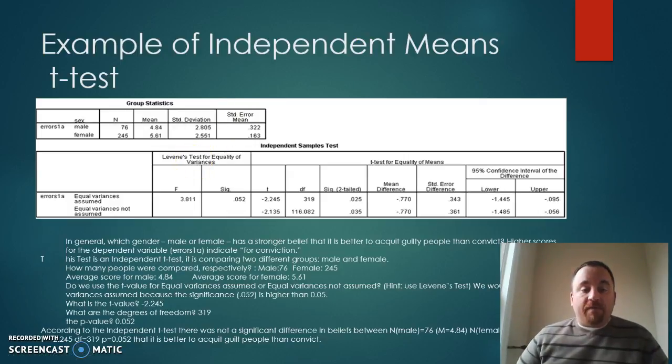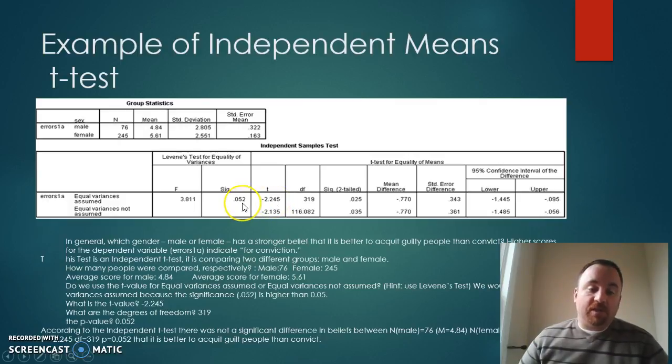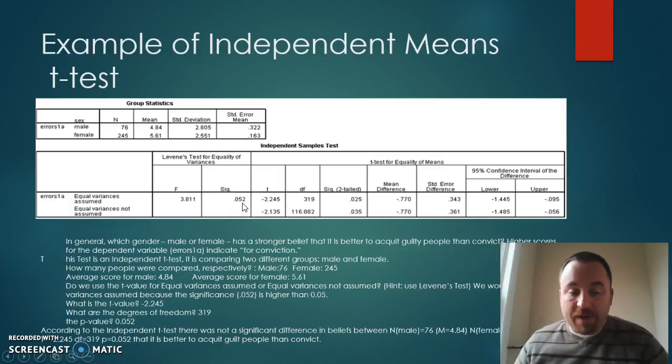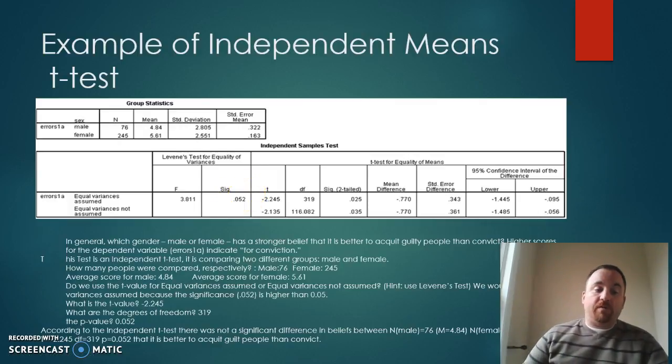Levene's test for equality of variances basically states if the significance is higher than our standardized p-value of 0.05, we could assume that equal variances are assumed, and we would read the first line of data. So our t-value here would be negative 2.245 because our significance is higher than 0.05. Now, if that significance was lower than 0.05, we would read the lower level data stating equal variance is not assumed.